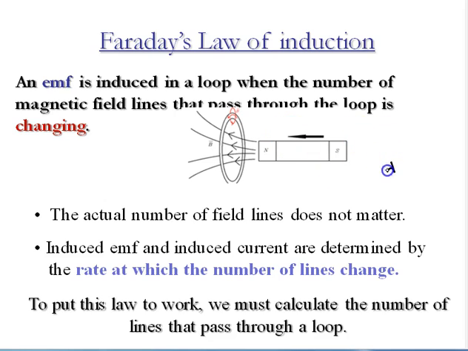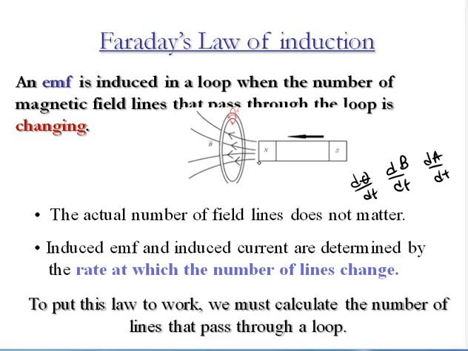So there needs to be some change with time, some d/dt, either dB/dt or dA/dt, and we'll also find we could have a change in angle. So the induced EMF and the induced current are determined by the rate at which the number of lines change.